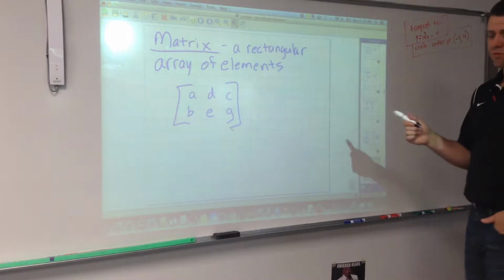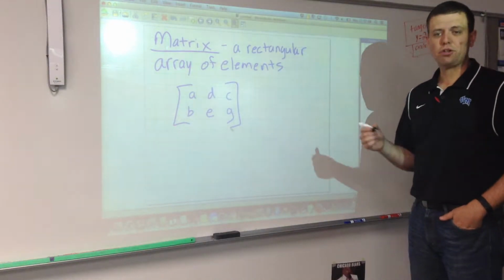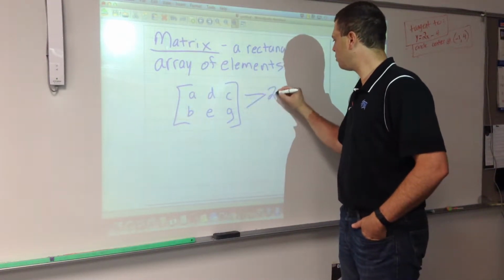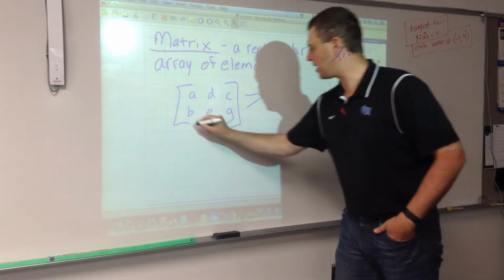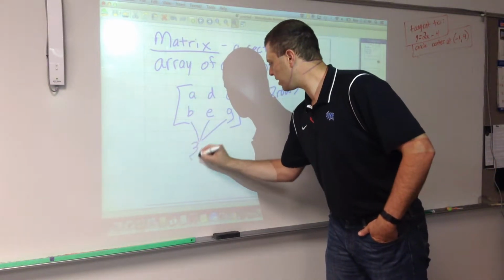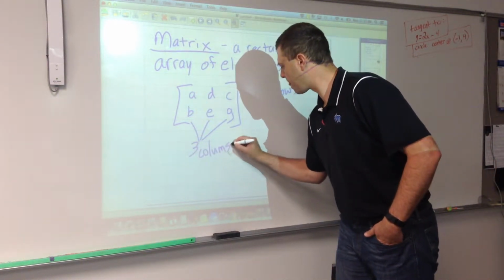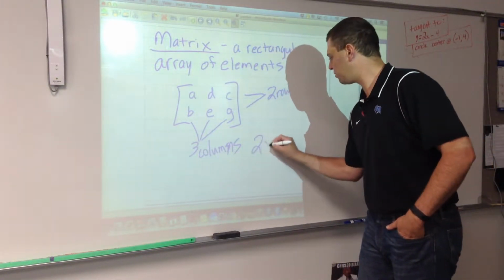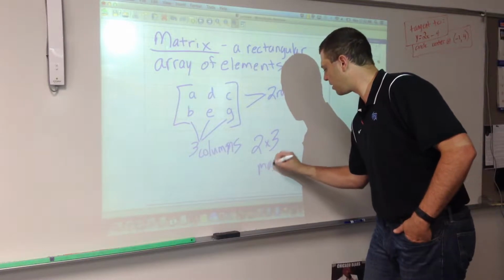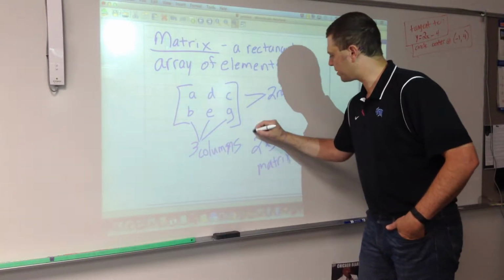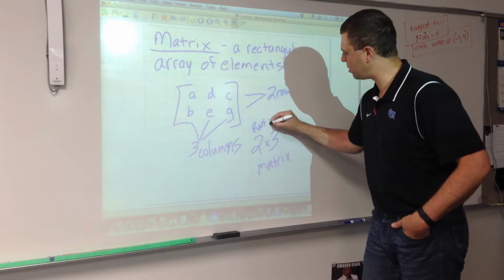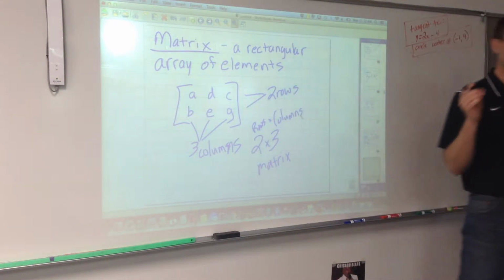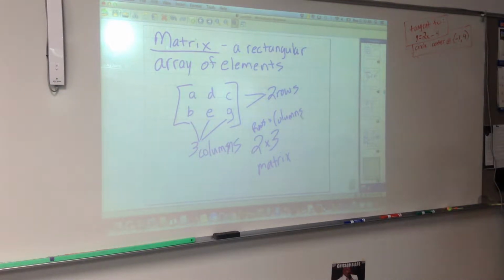This matrix here would be a 2 by 3 matrix because it has 2 rows and it has 3 columns. So it is a 2 by 3 matrix. We always do rows by columns when we describe a matrix on its size.